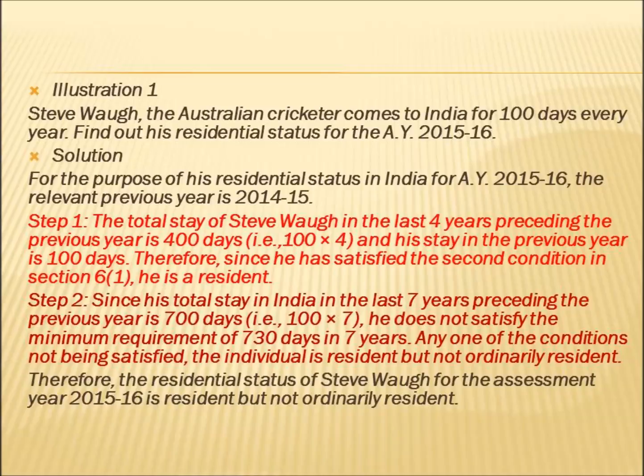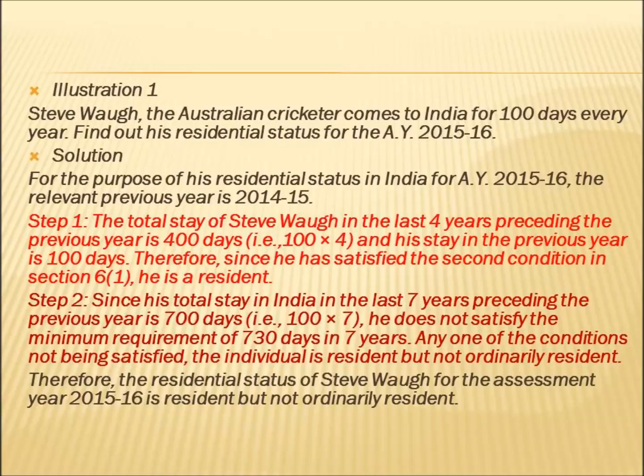Now when we have determined that he is a resident, we have to see whether he is resident and ordinarily resident or resident but not ordinarily resident. For falling under the category of resident and ordinarily resident, he has to satisfy two conditions. What are those conditions? He is a resident in any 2 out of the last 10 years preceding the previous year, and his total stay in India in the last 7 years preceding the relevant previous year is 730 days or more.